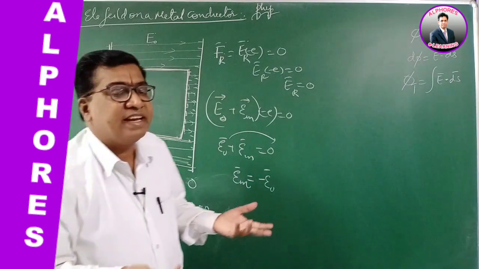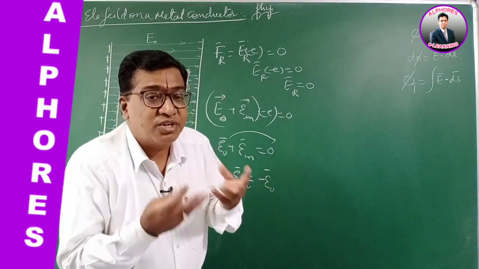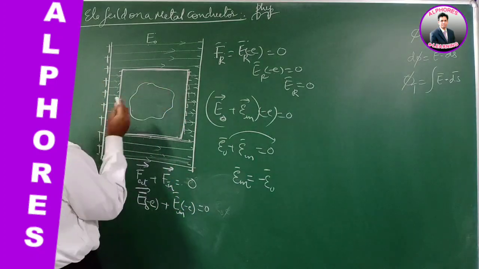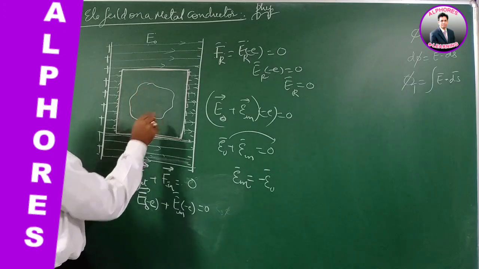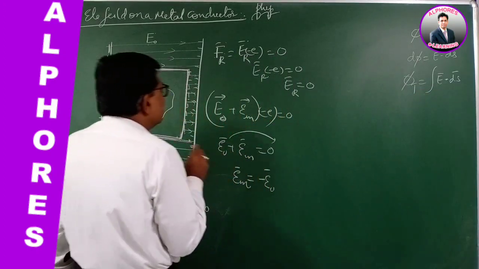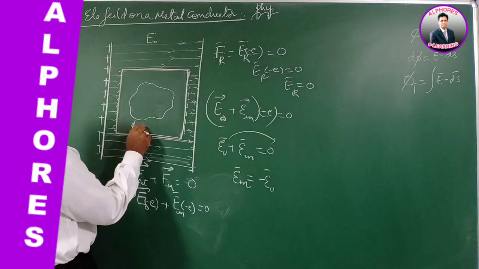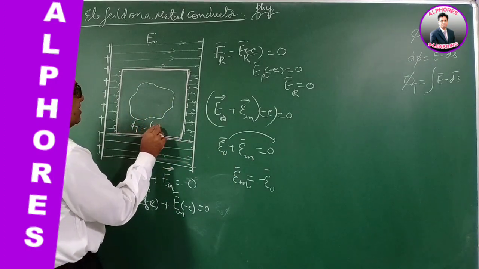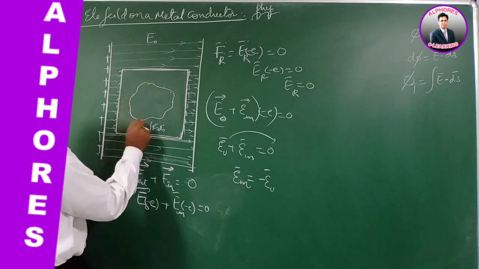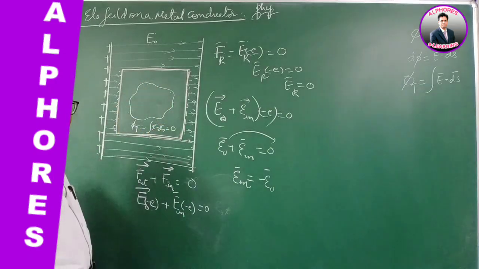So obviously when the net electric field is 0, if I imagine a Gaussian surface inside a conductor, the net flux coming out of this Gaussian surface is integral E dot ds. At any point the electric field inside is 0, so the net flux is 0.